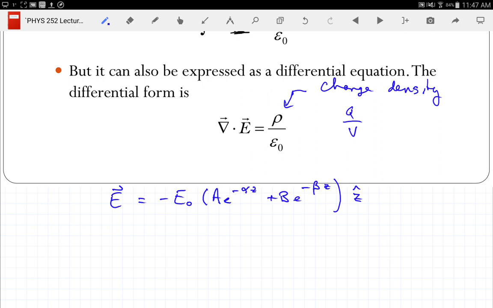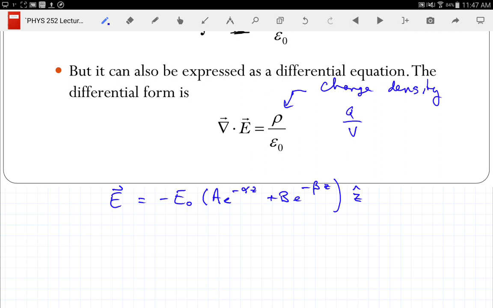What happens to e to the minus alpha z if z gets large? It approaches 0. So the electric field approaches 0 if you get far away from the Earth, and it's getting stronger and stronger as you get closer. That's kind of what you would expect if it was a point charge, except if it was a point charge, it wouldn't be an exponential function. It would be a 1 over r squared function.